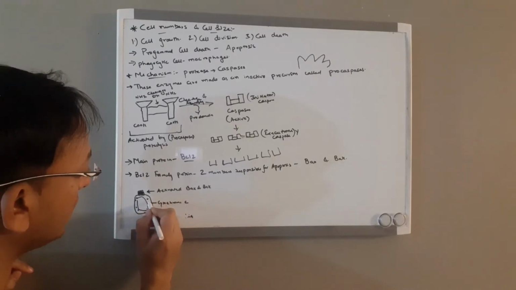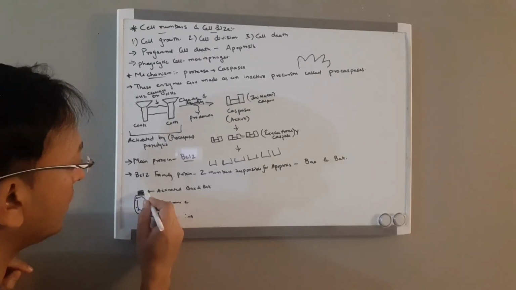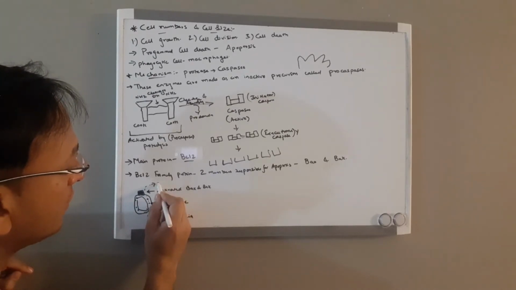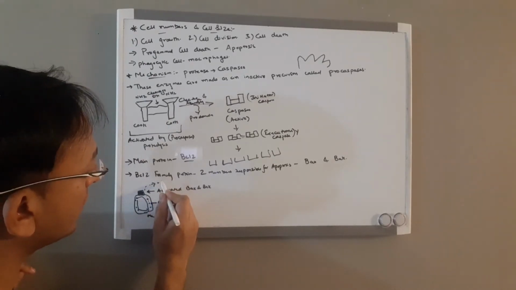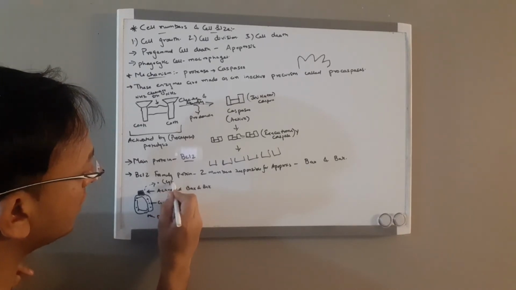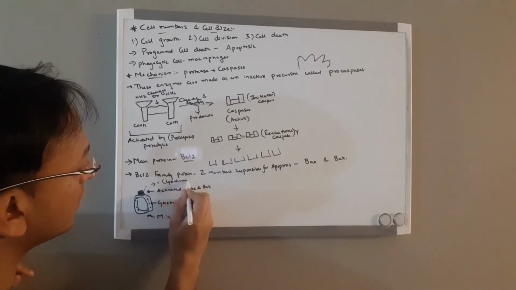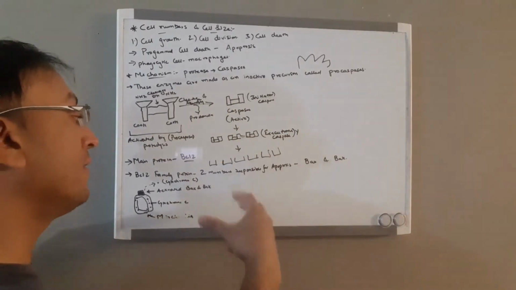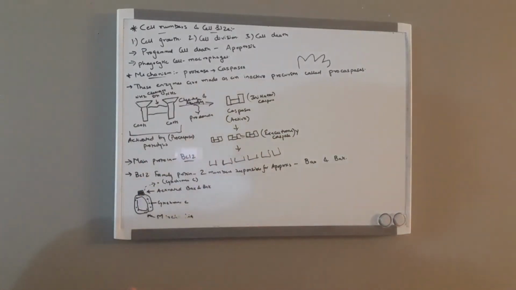For example, maybe I will just draw something like this. So this is our cytochrome C in the cytosol. This comes into the cytosol space, and it also has other proteins as well.